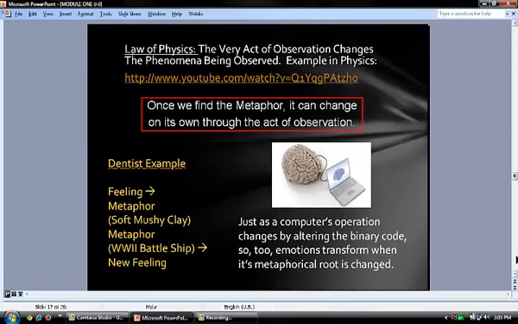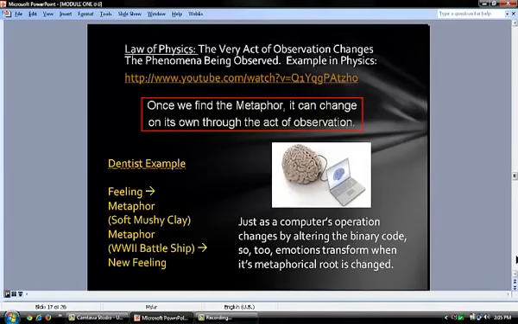So now we've gone from soft, mushy clay to a World War II battle cruiser, and you'll notice it was not influenced. There were no suggestions as to what it should be or should become. The change was completely self-generated. The questions that initiated the observation and requested definition of the metaphor allowed the change to happen by itself.